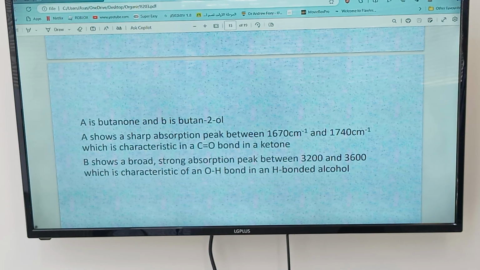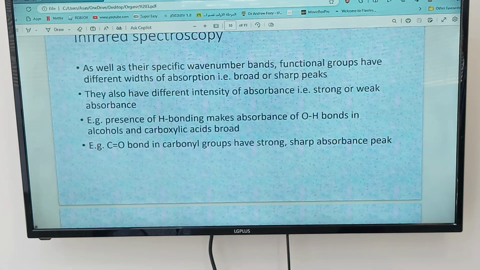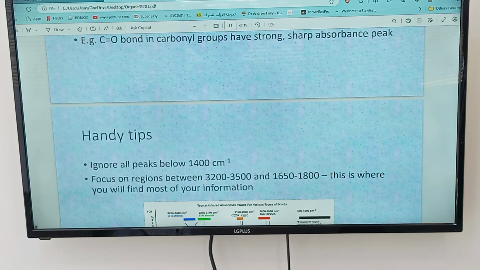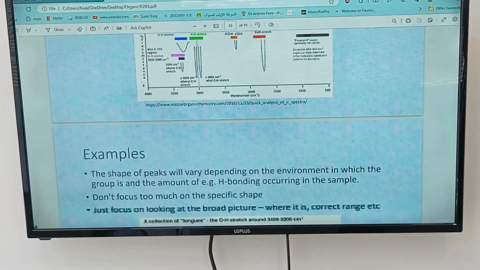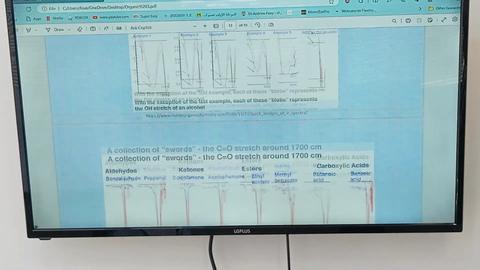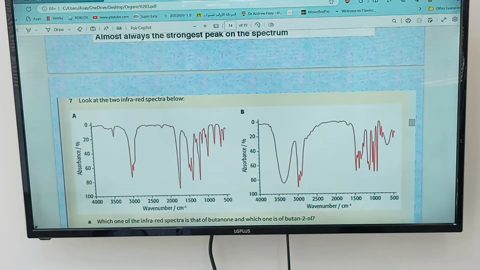Look where is the sharp peak. Sharp peak here. This one, sharp peak. Between 1760 to 1700.